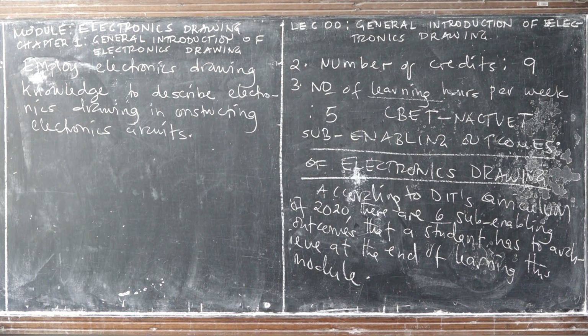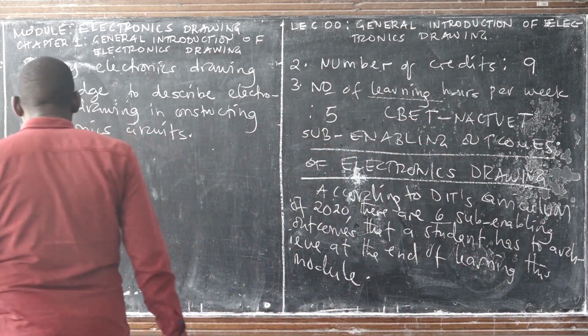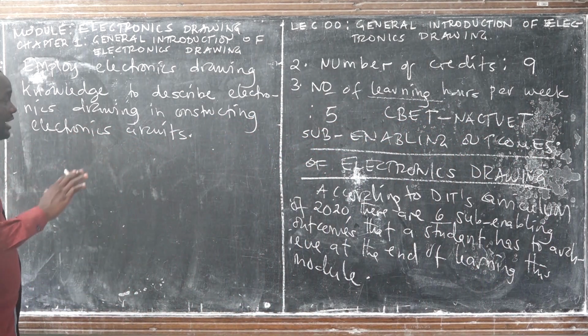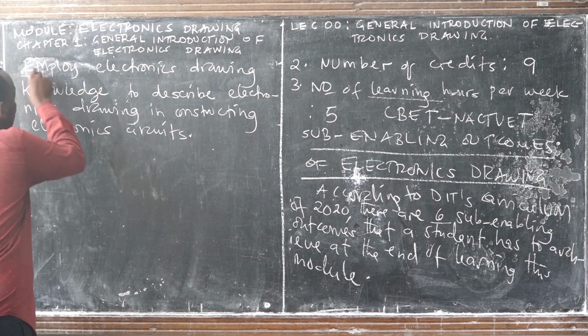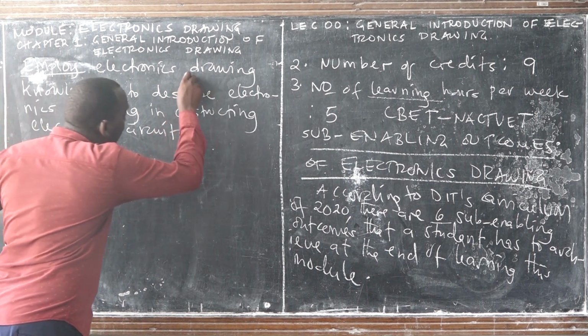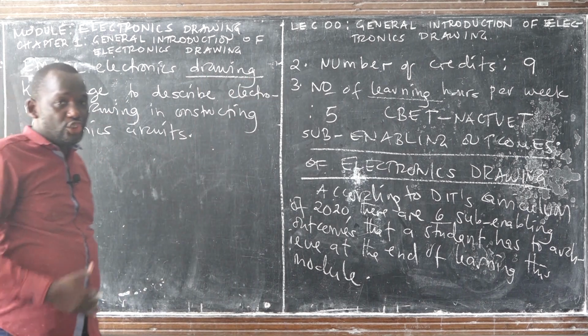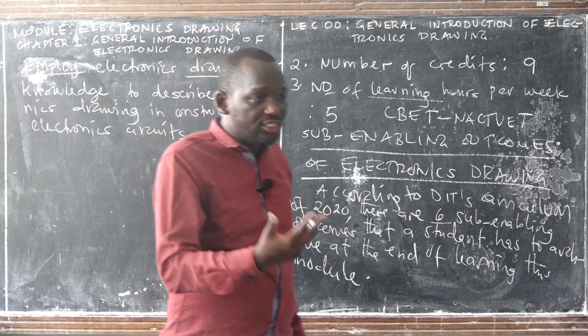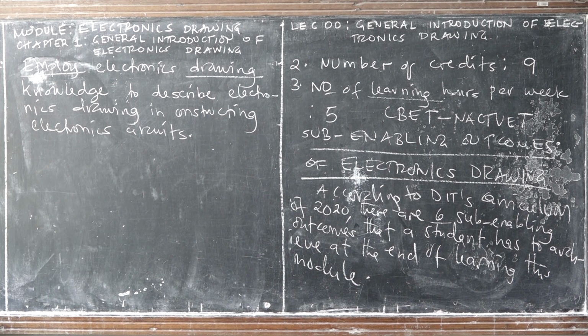Stop writing. Listen. Look and listen. A student, it means that in this module you have to make sure that you are able to employ, say employ, electronics drawing, because there are different skills in electronics. You may have electronics drawing skill. Hello, I said stop writing.